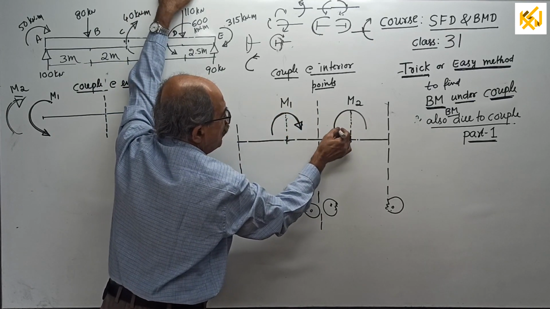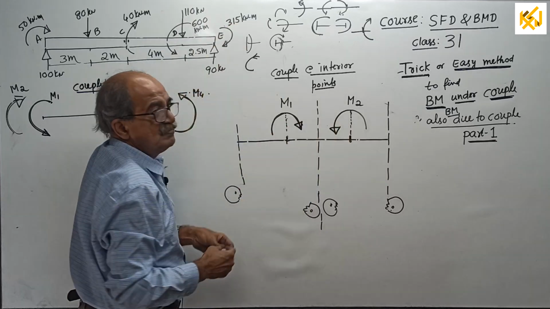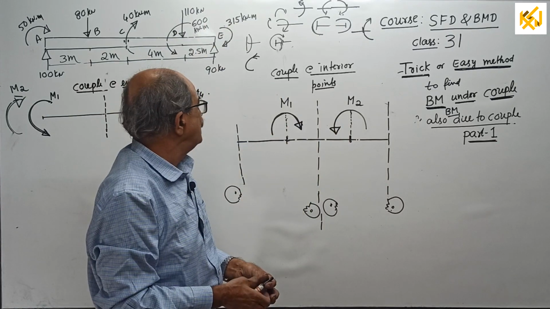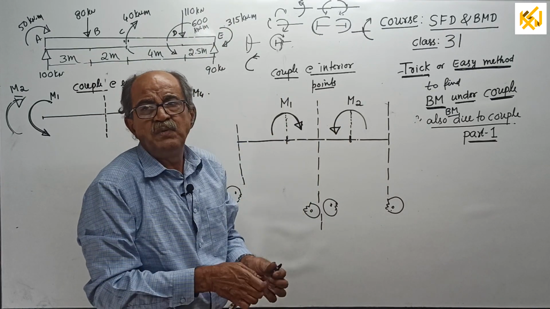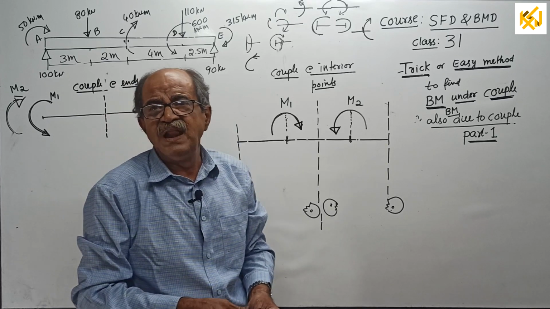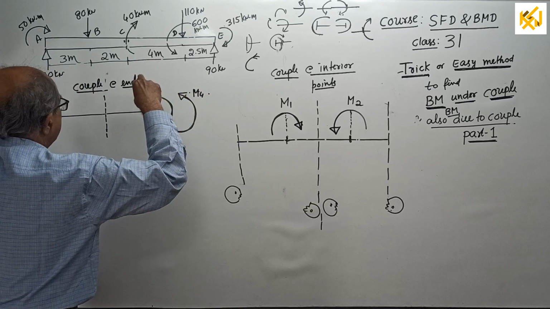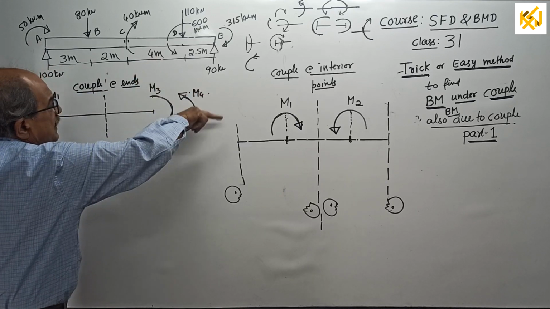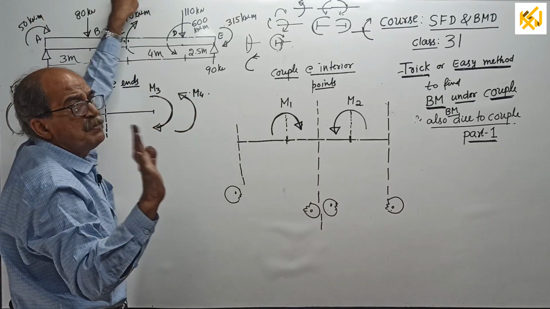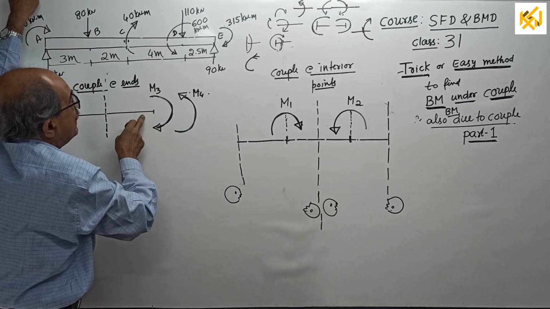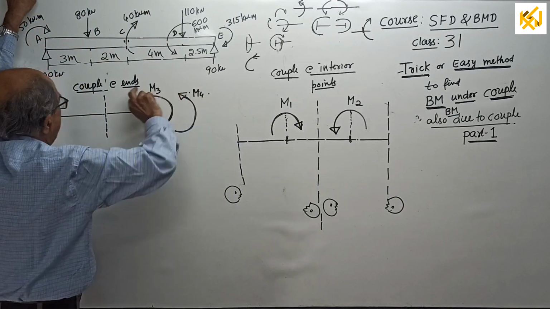If it is anti-clockwise, mark this way. This is very, very important. I will repeat once again now, I will not tell again and again. If the couple is given at the extreme end, mark it in closing bracket format.